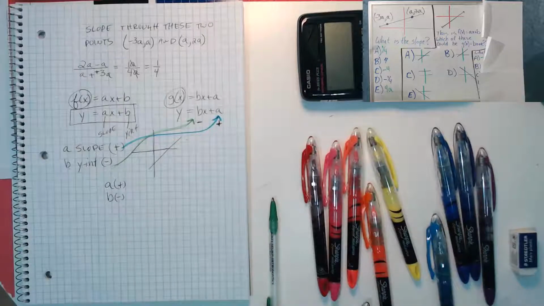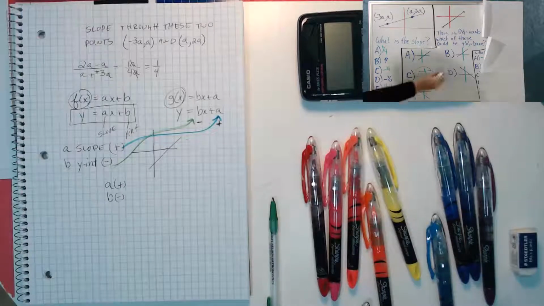Okay. If it's positive y-intercept, that means the line has to cross the top, correct? The top part. Yes. So our options are either this one, or this one, right? And our slope is negative.